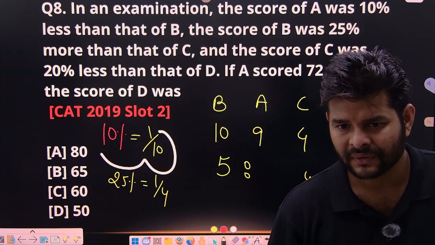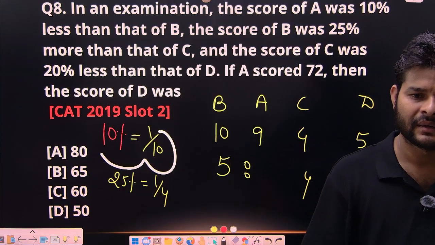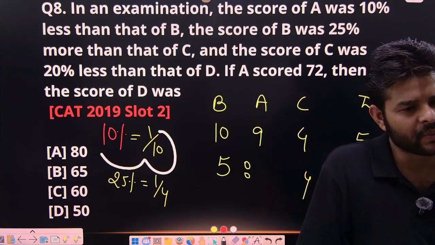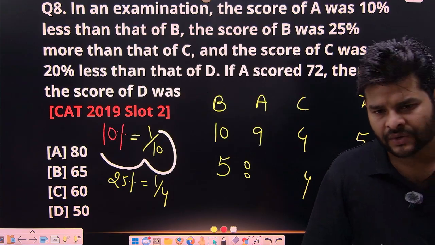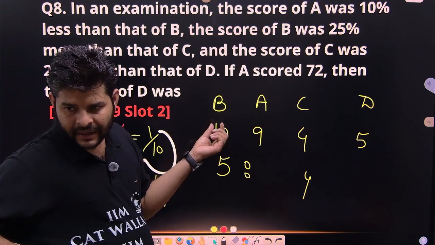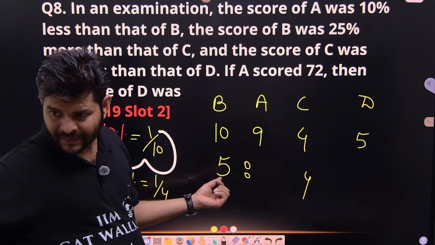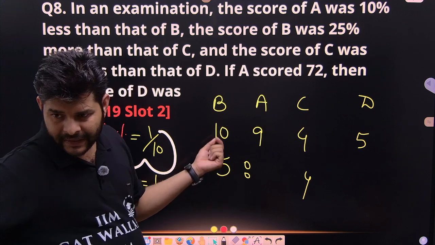Is that possible? If I am the same person, wherever I am standing or sitting, my age would be the same. So basically, once B is 10 and once B is 5. Is that possible? So we need to make it equal.